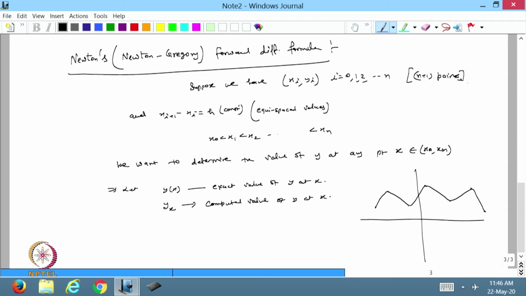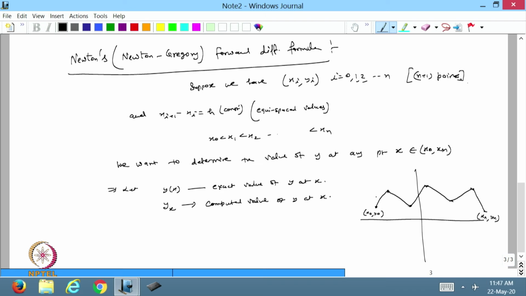Suppose this is my point (x0, y0), and this is (xn, yn). My values are given at these points. Now, I want to find the value of the function y at any x in between somewhere.